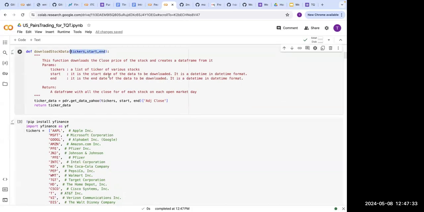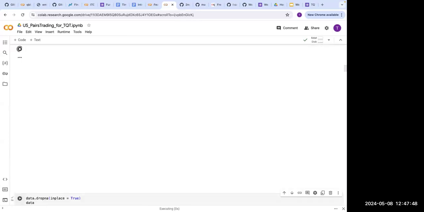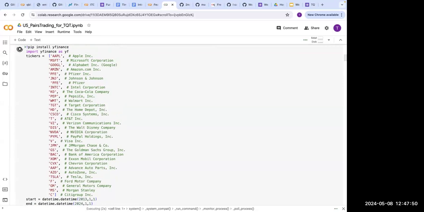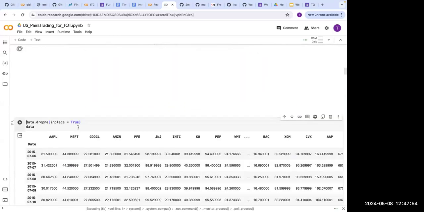Tickers is the stock ticker itself, like how the stock is represented in Yahoo data, then the start date and end date, right? So the date format of those. So let's run this for all the companies listed, and it would take a little time.